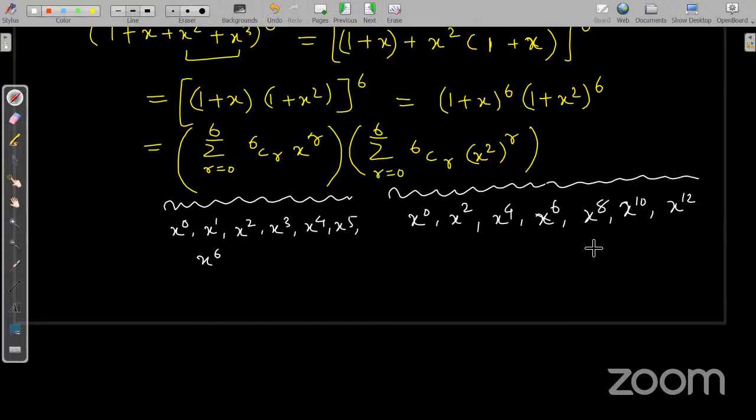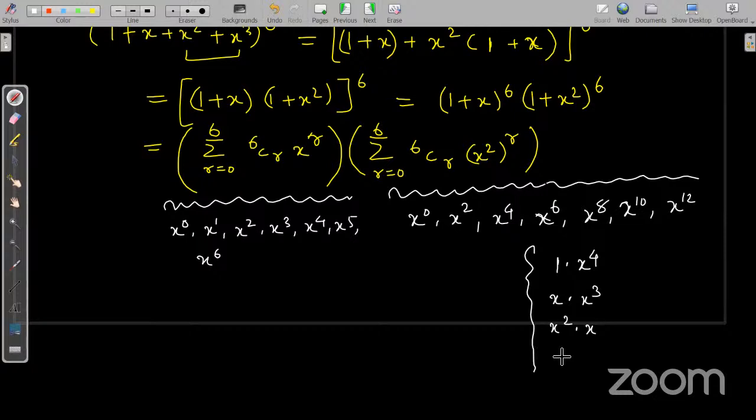But we need to find the power of x to the power 4. So what are the possibilities to get the power of 4? That is 1 into x to the power 4, this is my first case. Second case, x into x cube. Another case is x square into x square.